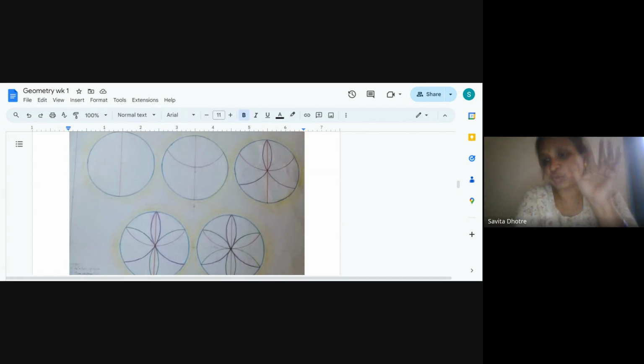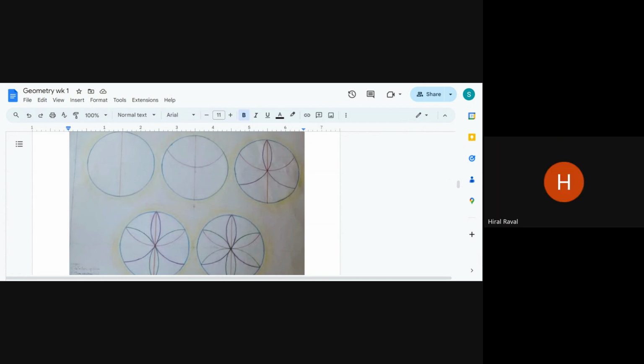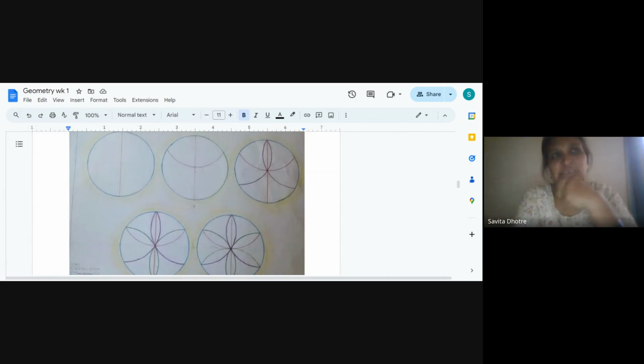So just make one circle. With any specific radius or any radius? So I would say any radius, just make sure that it is fitting in your paper. It should not be too big or too small. Maybe take 8 centimeters. If you have an A4 sheet, I think 8 centimeters radius might be too much.